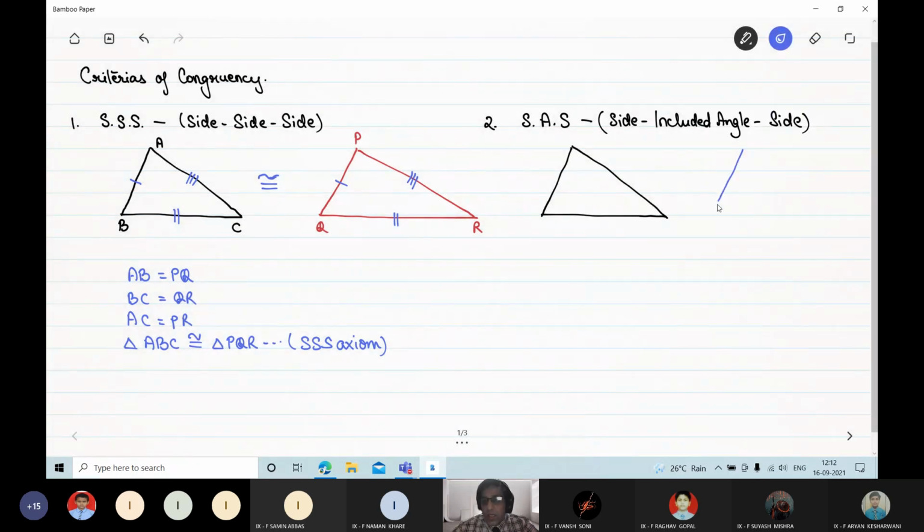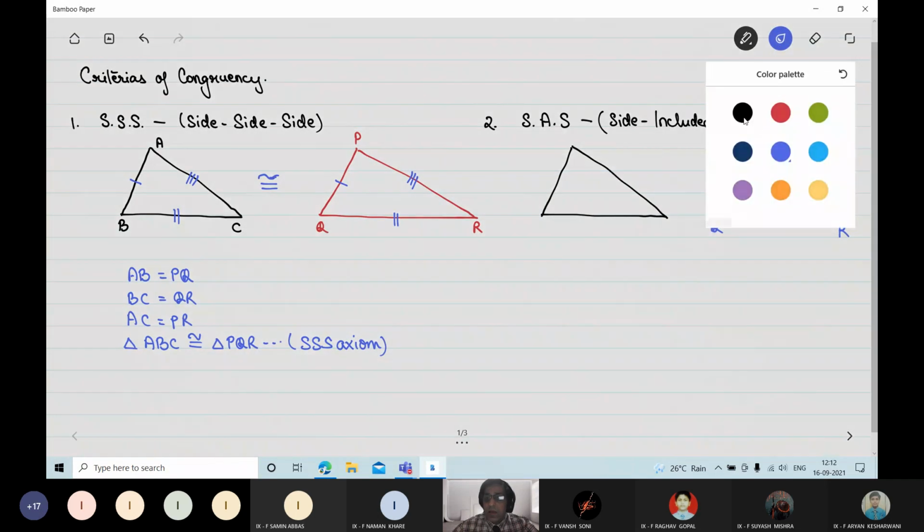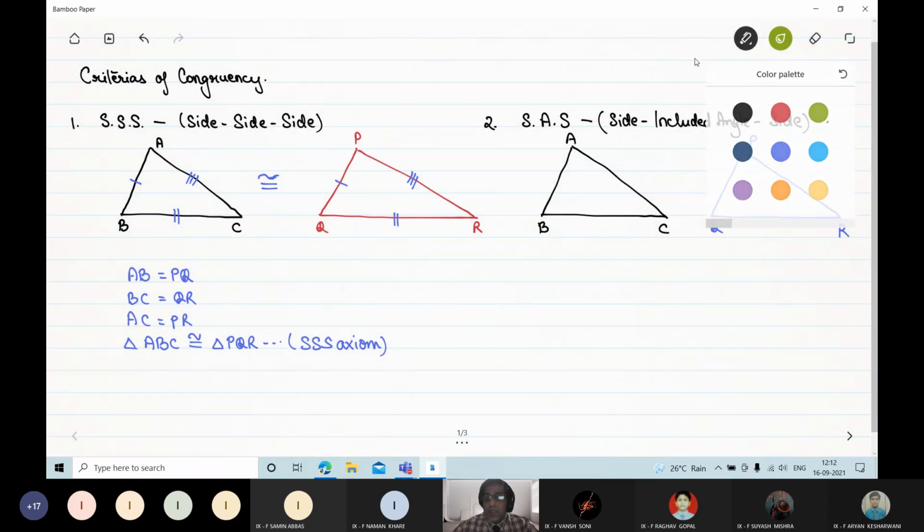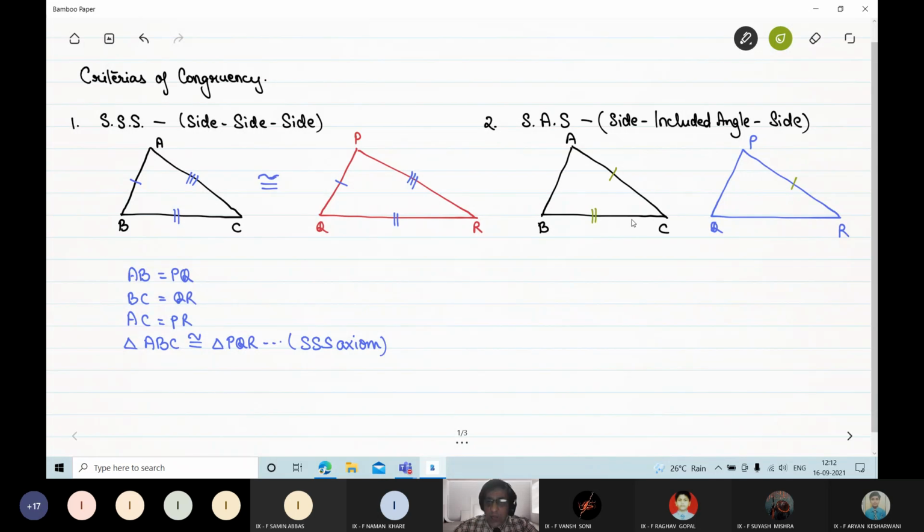So suppose these are the two triangles that we have. Let's say this is P, Q, and R, and let's say this one is A, B, and C. Now, if the question says that AC is equal to PR and BC is equal to QR, now because these two sides are equal, which is the angle included between these two sides?